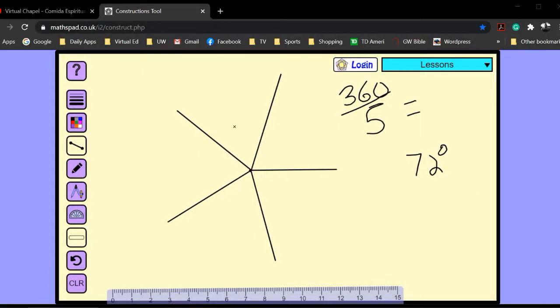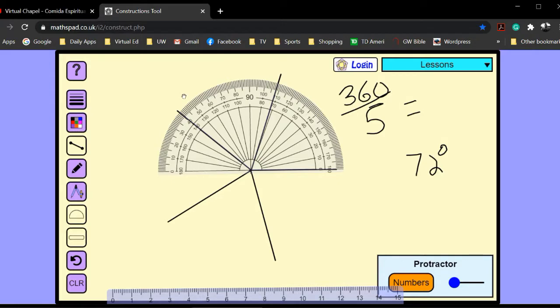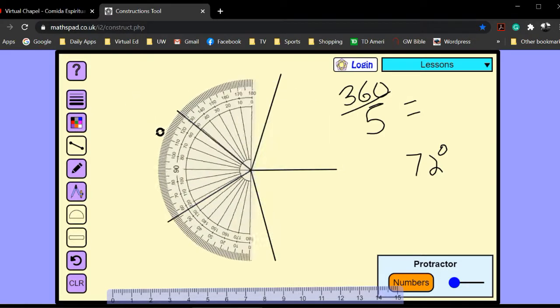Okay, let me show you this here. What I've done is I took my shape that I want to draw, which is 5 sides, and I divided it into 360, and that gave me 72 degrees. Each angle right here is going to be 72 degrees. Now, I'm using a computer, and my measurements aren't perfect, but I tried to put the protractor on here, get it as close to 72 as I could.